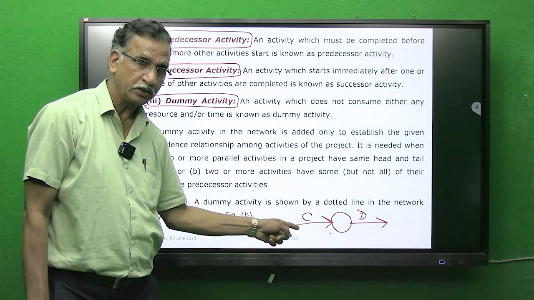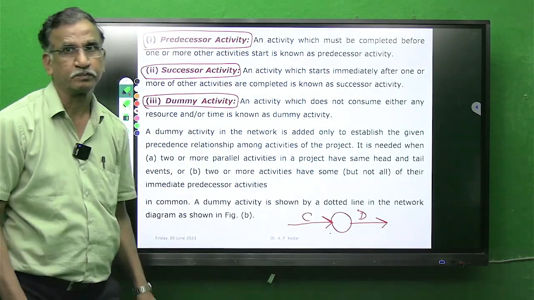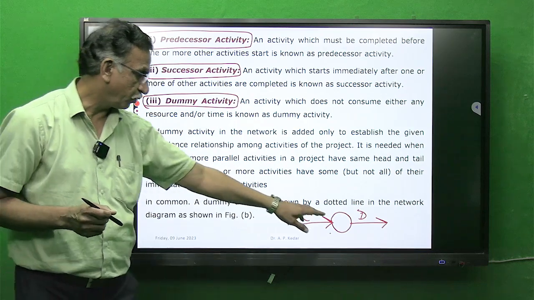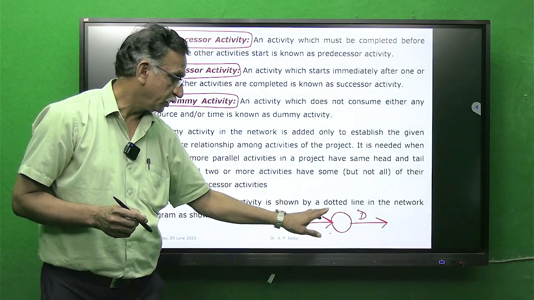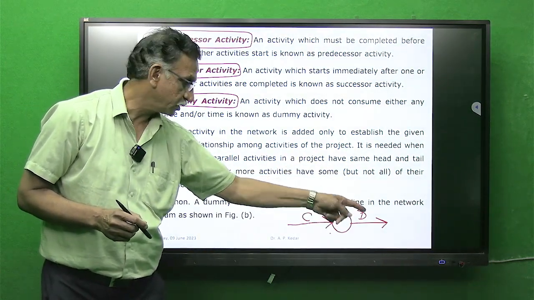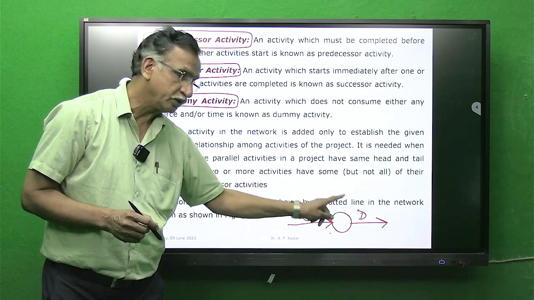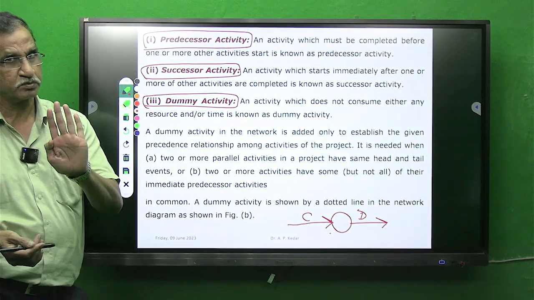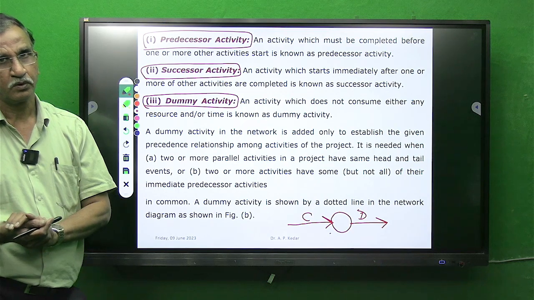For C, D is the successor. Got it? For C, D is the successor. For D, C is the predecessor. These two terms are clear now.